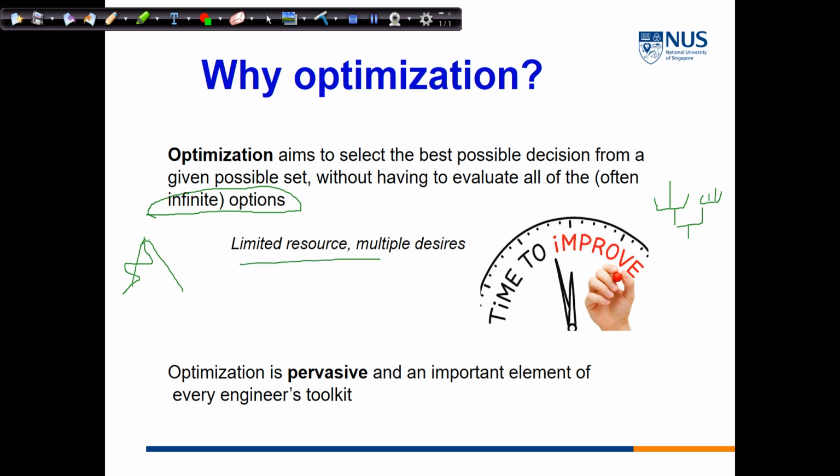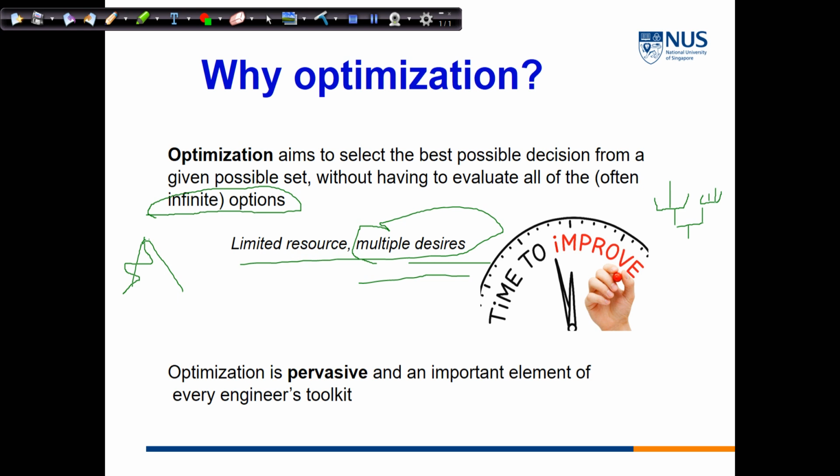It's limited resources, but human ambitions are increasing. You still want to be a billionaire. You still want to use the limited resource to generate as much value as possible. So this increasing goal and decreasing resources means we must do optimization.